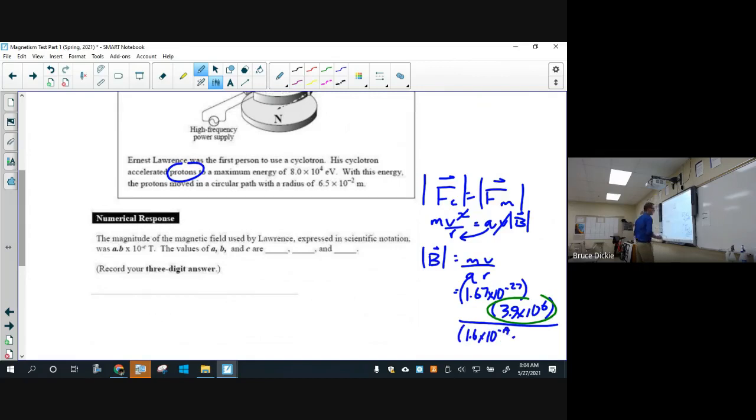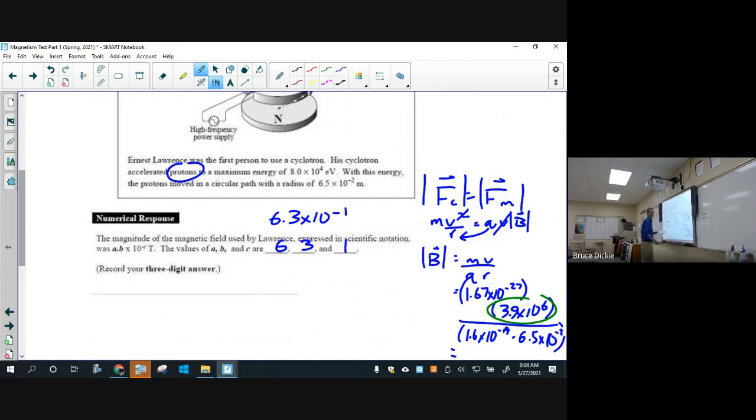Because we've got an operation on the bottom, we have to make sure we use brackets on the bottom: 6.5 times 10 to the minus 2. So multiply those numbers on the top, divide by bracket 1.6 times 6.5. When we do that, we end up getting 6.3 times 10 to the minus 1. So our answer here would be 631.